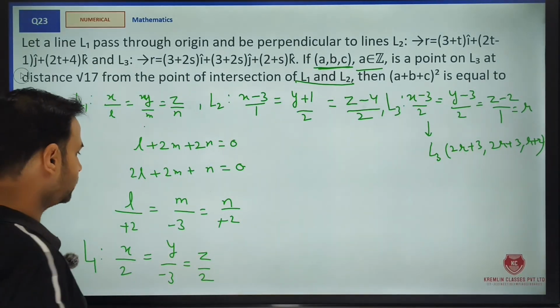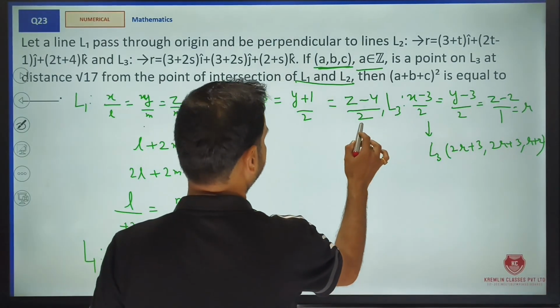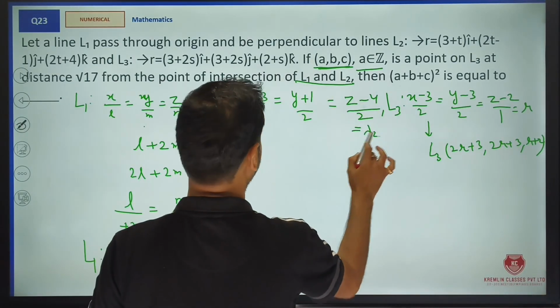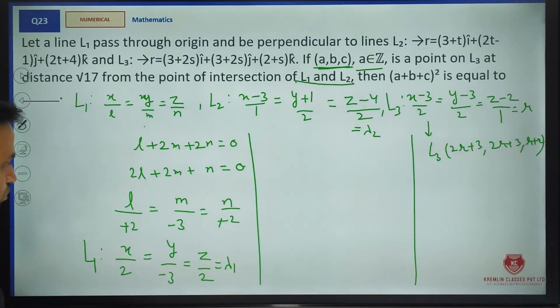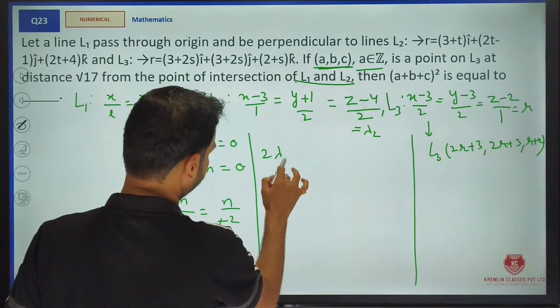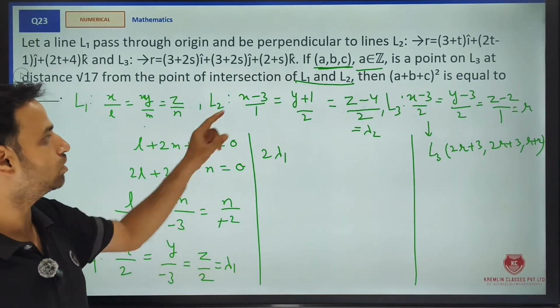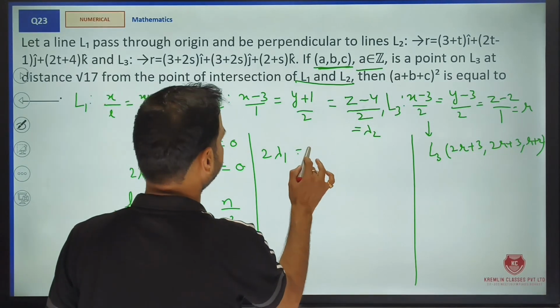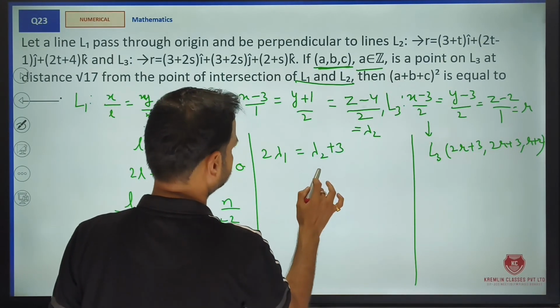So let us solve L1 and L2. Say this is lambda 1, and let us say this is equal to lambda 2. First, the x coordinate of L1 is 2 lambda 1, and at the point of intersection it should be equal to the x coordinate of L2, so lambda 2 plus 3.